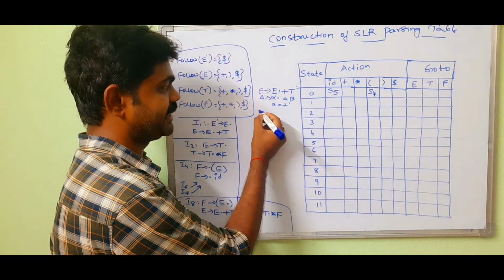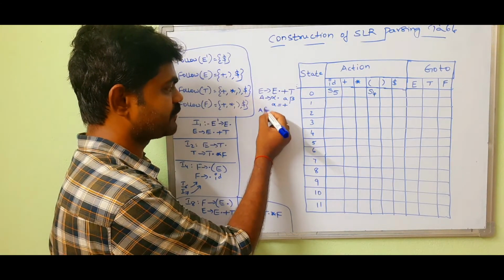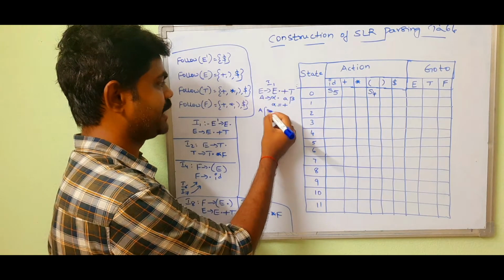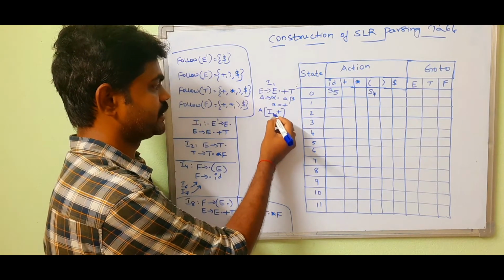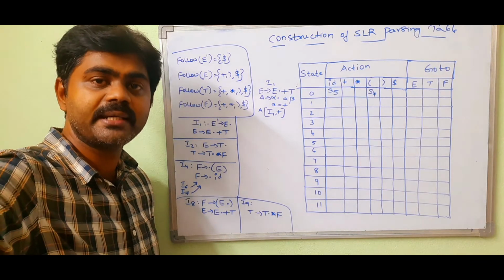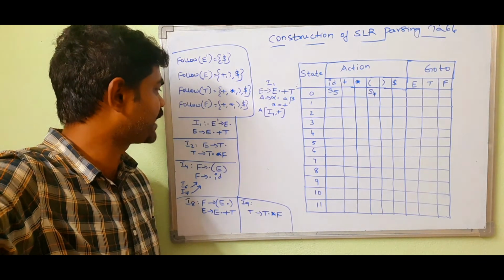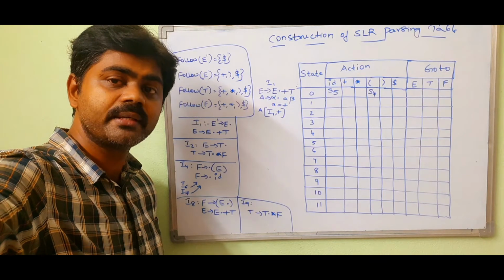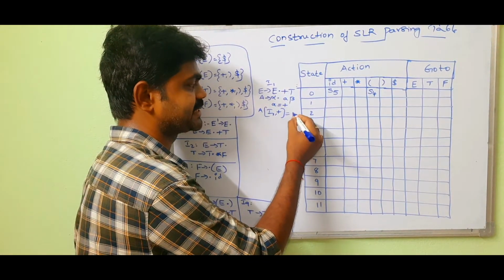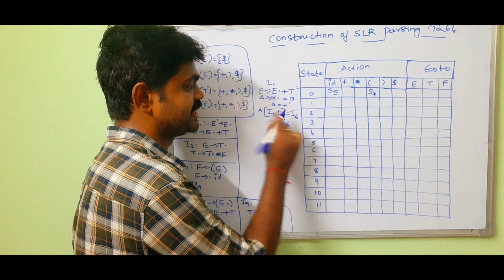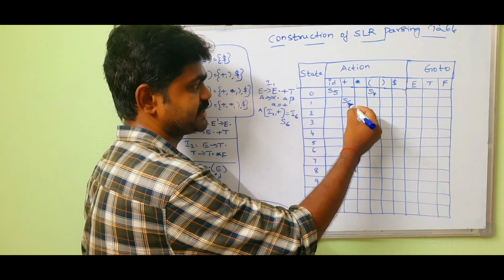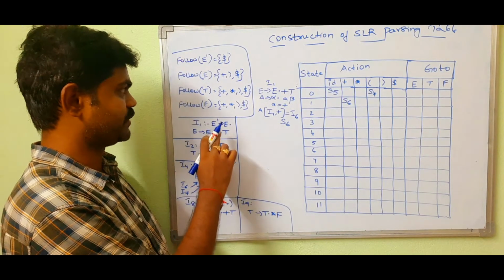So action of I1 comma plus. We already have the table, so where are we going for I1 comma plus? We are going to I6. So for I1 comma plus, I should write S6. And I1 is over.